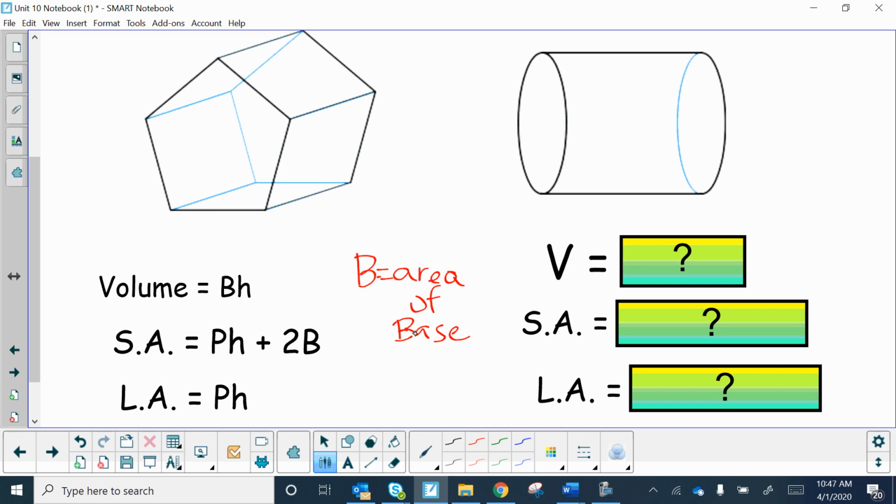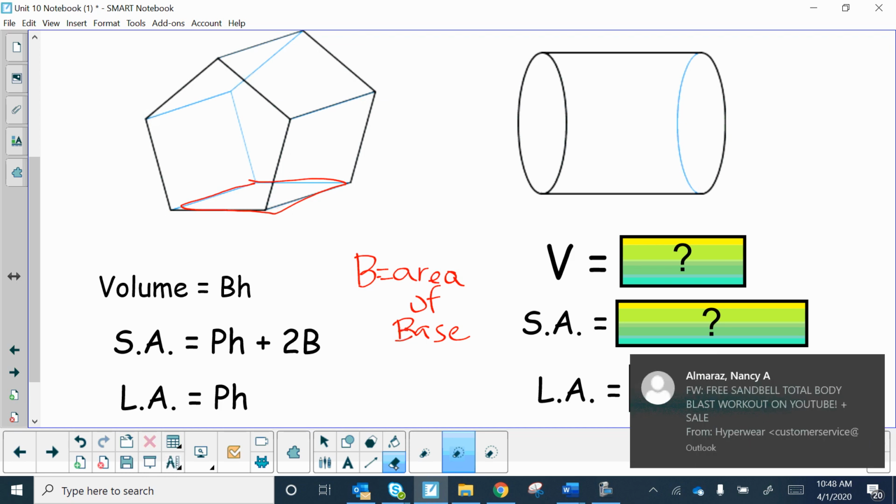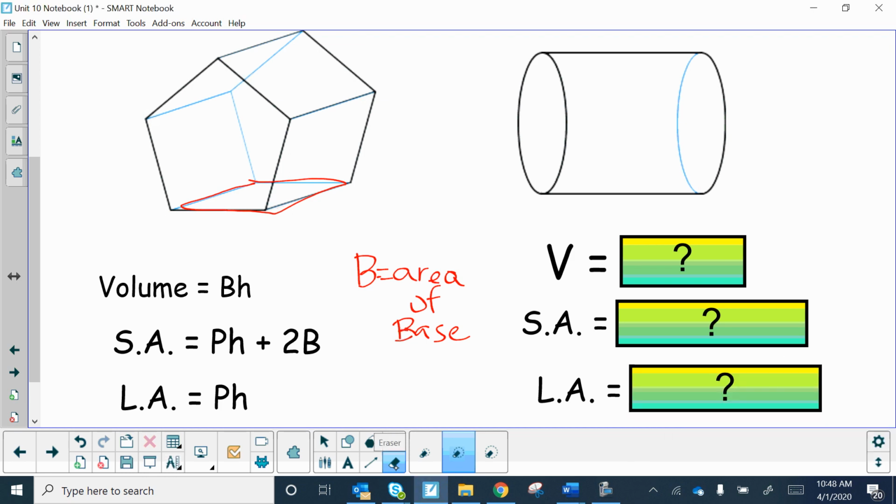In this case, a lot of people tend to think the base is down at the bottom, because in the dictionary the base is usually at the bottom of the figure. But the base in a prism, as we talked about in the last lesson, is that there are two congruent parallel bases. There's one, and then there's the identical one in the back.